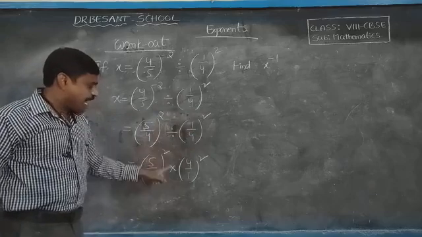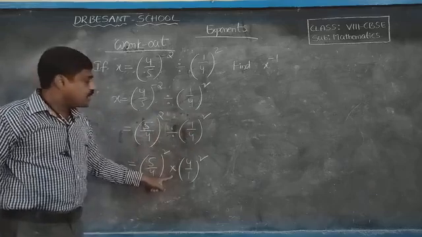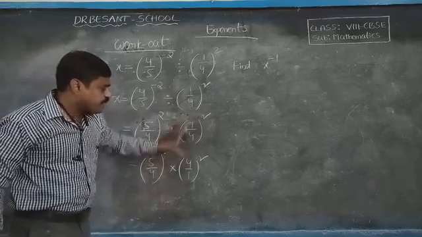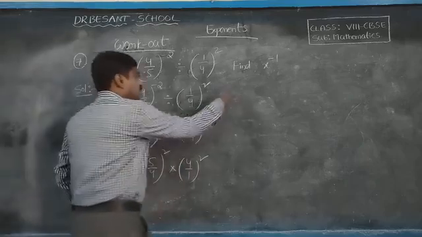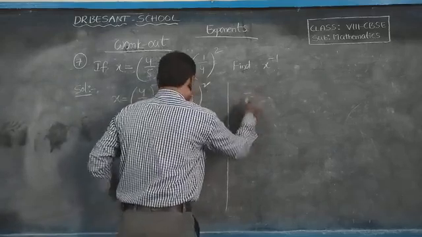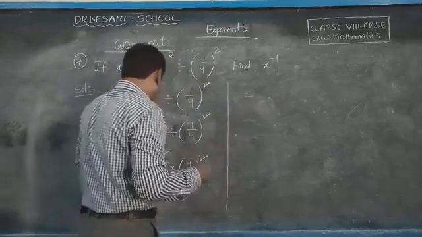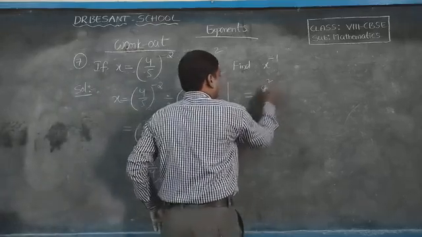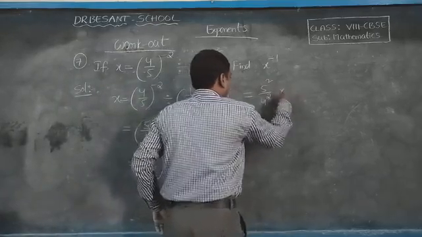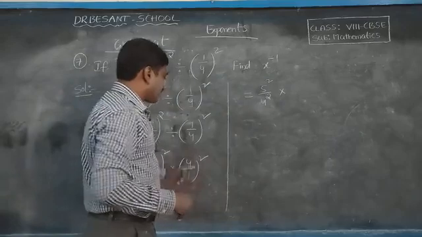So that is equal to 5 square by 4 square into 4 square by 1 square.